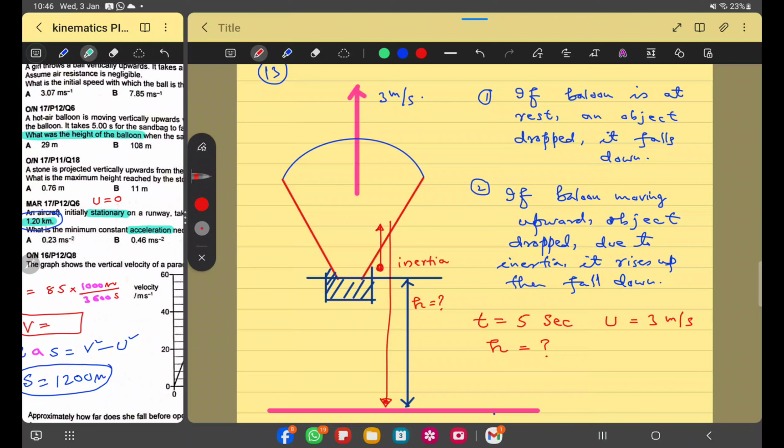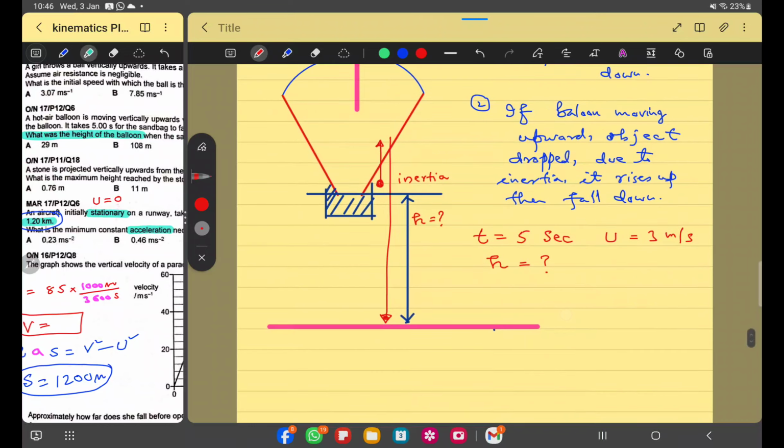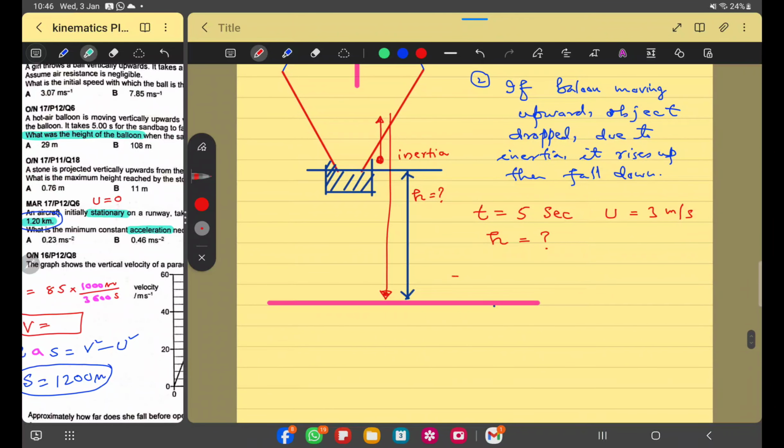Okay. And it is the same kind of question in which the object is moving upward and height is below the point of throw. The starting point is moving upward, and height is below. So this height should be considered negative. And the same equation, ut plus half gt square.